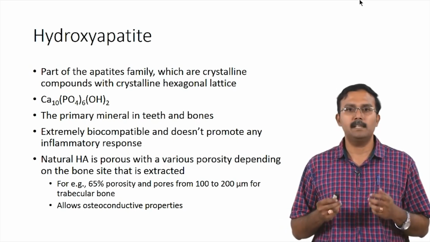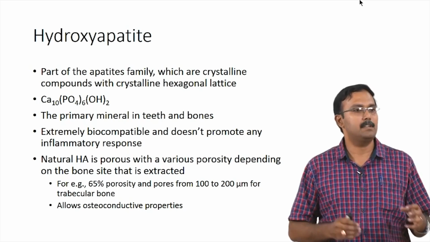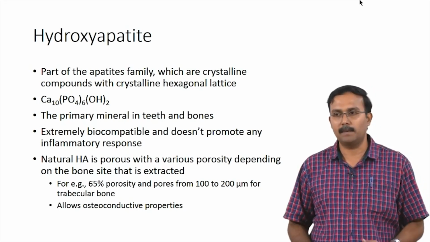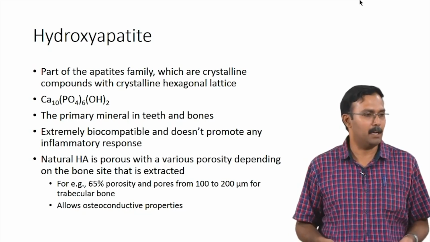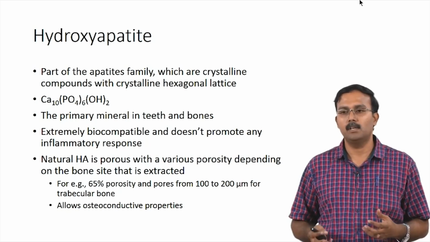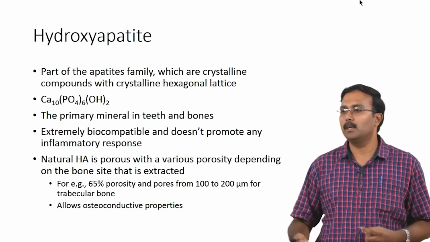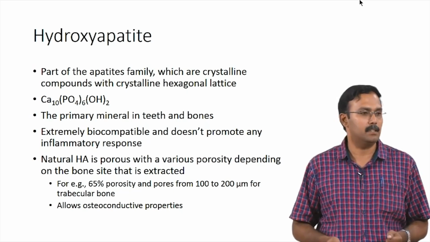Hydroxyapatite is what is present in your body. The mineral in your bone and teeth is hydroxyapatite. Because of this, it is extremely biocompatible and does not cause any inflammatory response. So, you can use it for bone and dental tissue engineering without any issues.